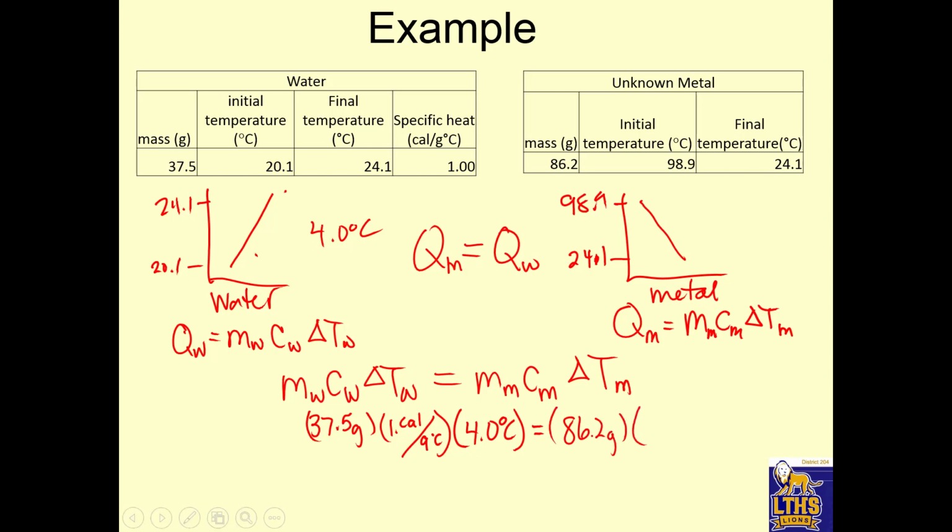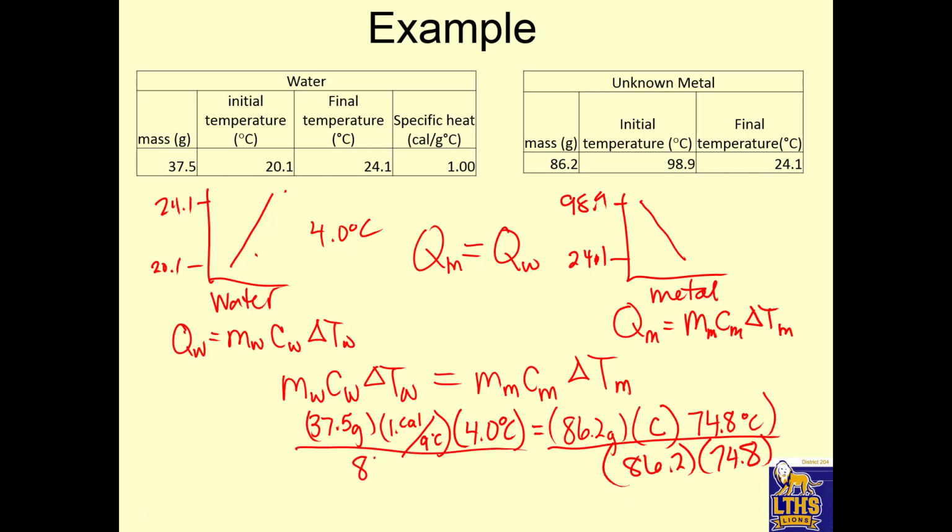We don't have it, so we could put C. And the temperature change of the metal is 98.9 minus 21.4, which means you get 74.8 degrees Celsius.